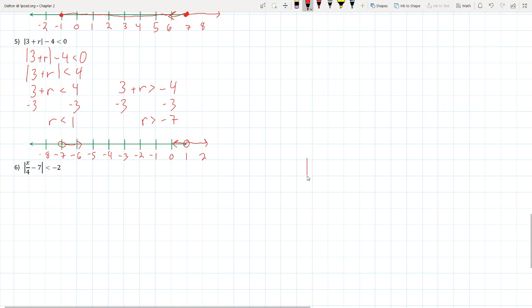You may remember if we did the absolute value of x and we said that was -1, the answer here is no solution. There's no way for us to get a negative value here, because this is simply saying how far away from 0 is x, and you can only have a positive answer. So we can't get a negative answer here. Same thing applies with this.